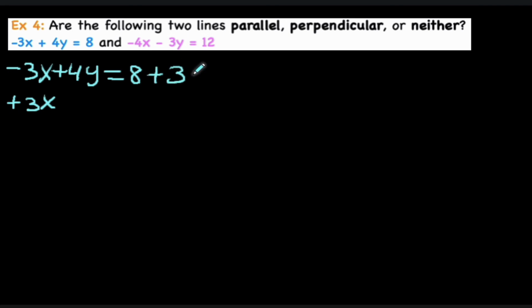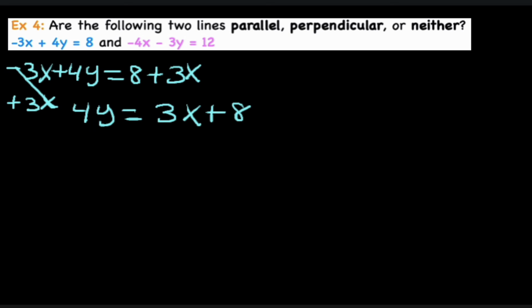So for the last example, we have negative 3x plus 4y equals 8. So let's rewrite that. Okay, so we're going to add 3x on both sides. So we have 4y equals 3x plus 8.